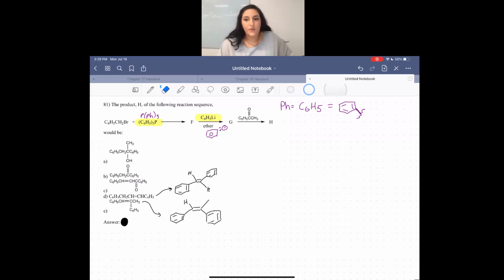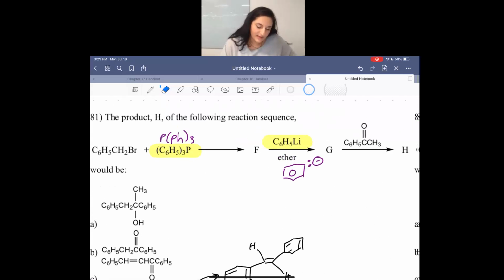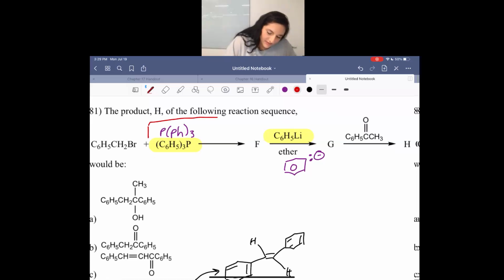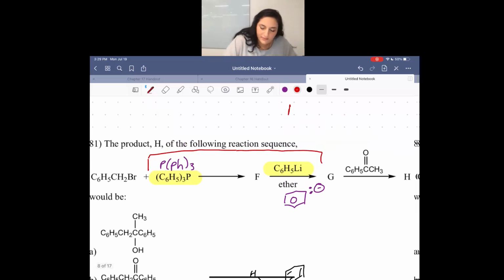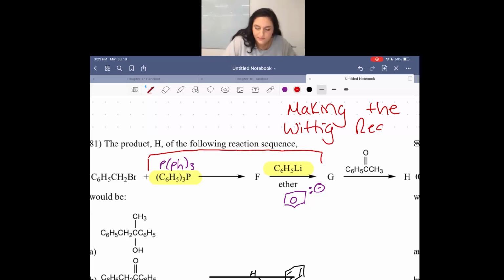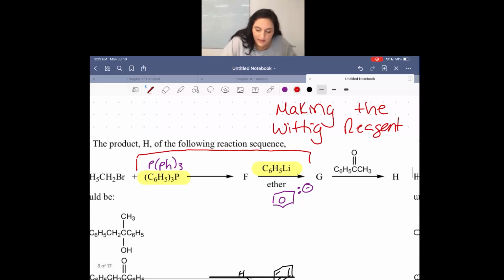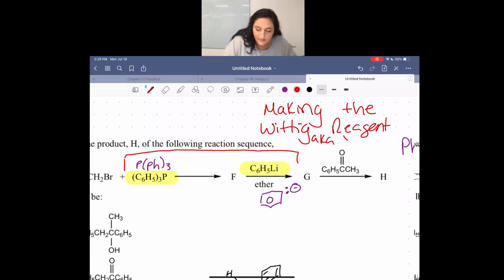Whenever we see these two steps consecutively, we know that we're making the Wittig reagent. In these two steps, we're making the Wittig reagent, aka the phosphonium halide.